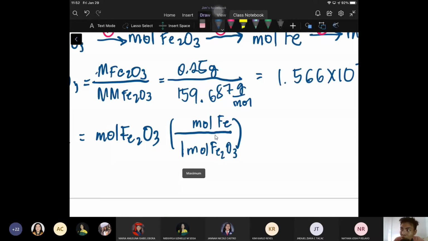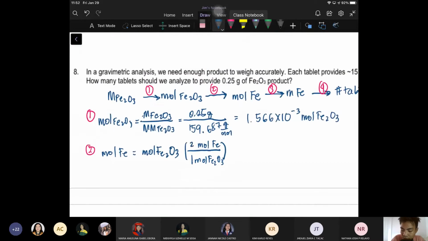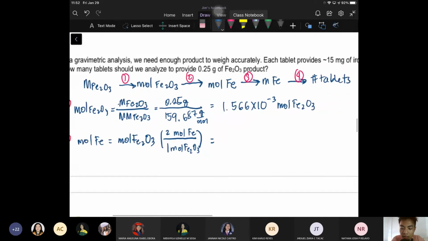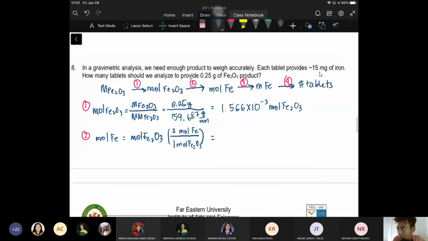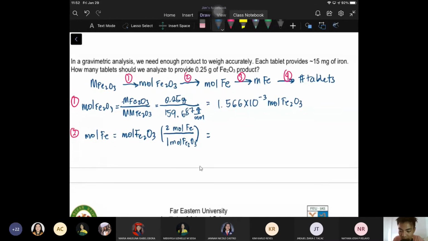So that will tell you ilang Fe yung katumbas niya. So that is 2. So basically, what we're going to do lang is to multiply this number by 2. However, after doing this calculation, this is no longer mole of iron 3 oxide. This is now the moles of iron. Okay? So basically, kung ano yung solve natin, times 2 lang.